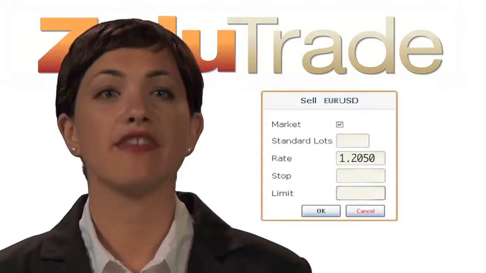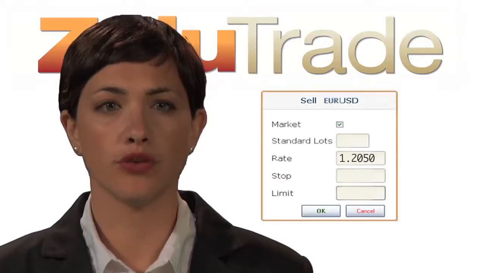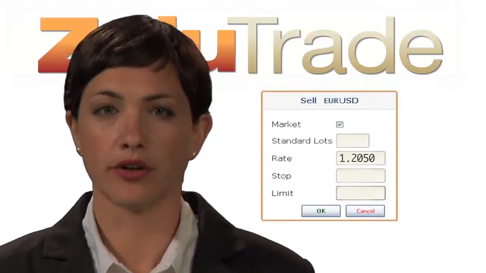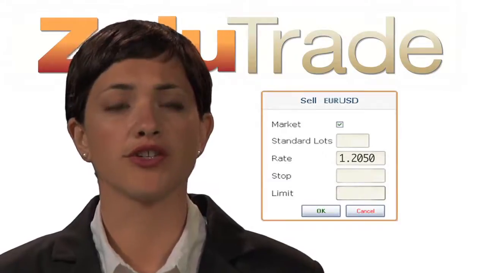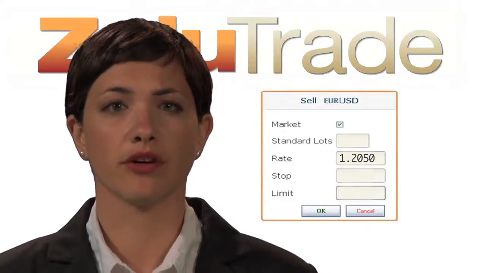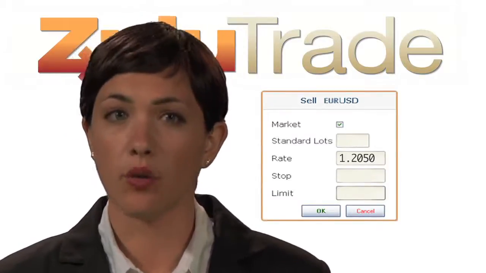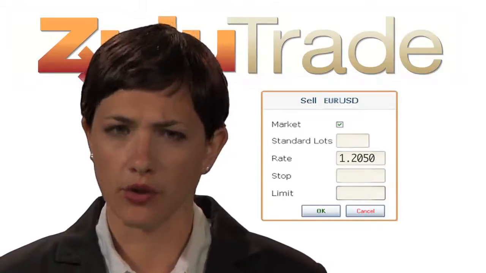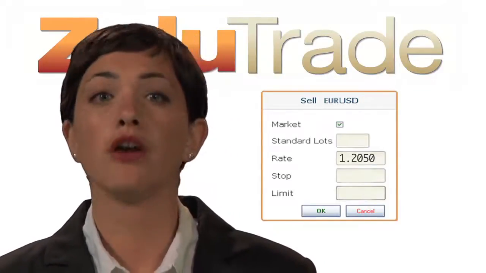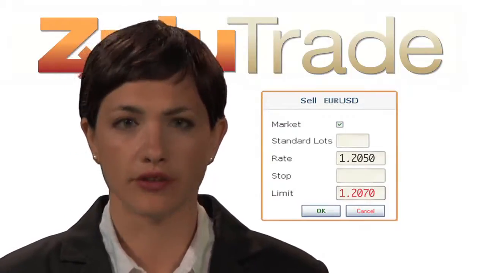Let's take a look at an example. Let's say that the euro-US dollar pair is currently being sold for 1.2050 euros to the dollar. But you only want to buy euros if the price reaches 1.2070. You can either sit in front of your monitor and wait for it to hit 1.2070, at which point you would execute a market order, or you can set a buy limit order at 1.2070.